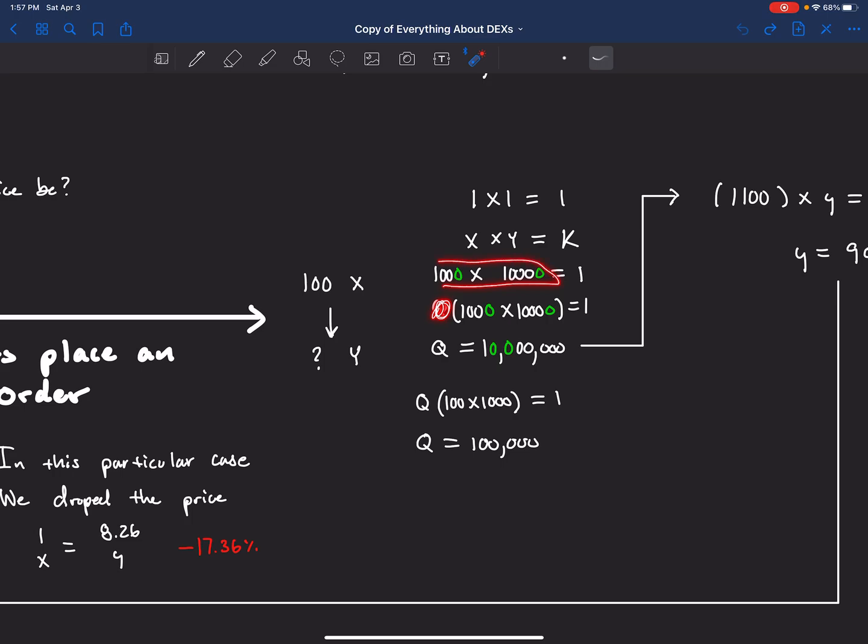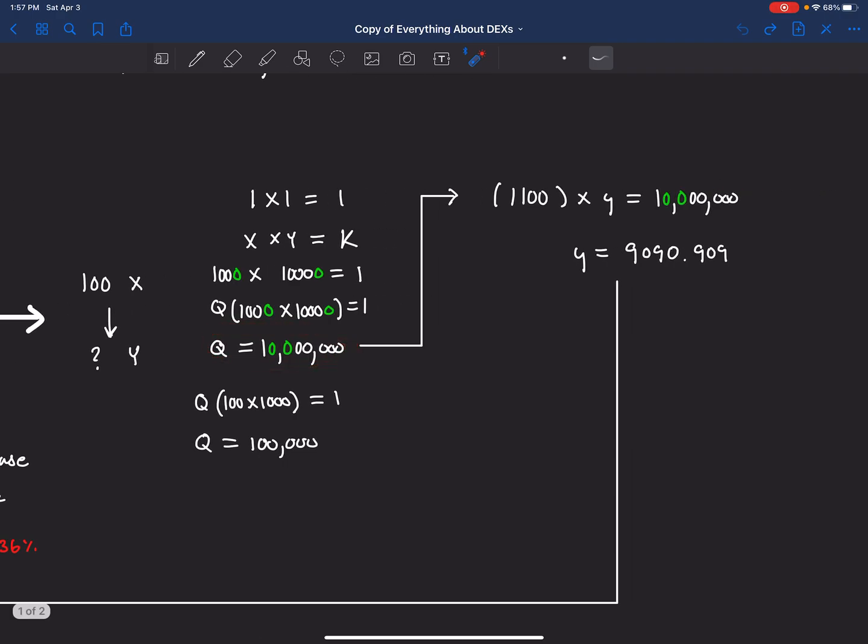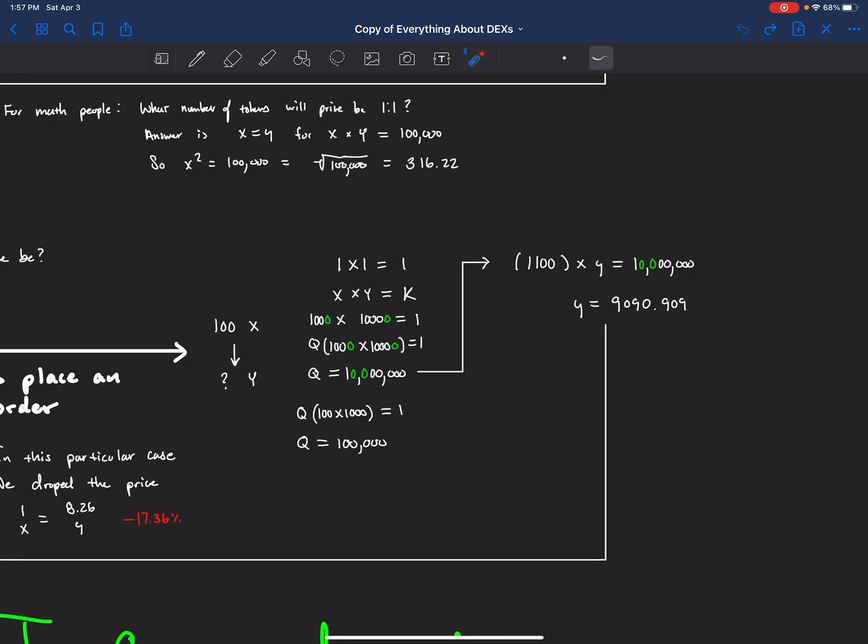And remember, this is where we added liquidity, right? We added 10x to liquidity, but notice that the 10x becomes 2 zeros instead of 1, right? So we got 2 more zeros in our constant, so we had a squared effect of liquidity.